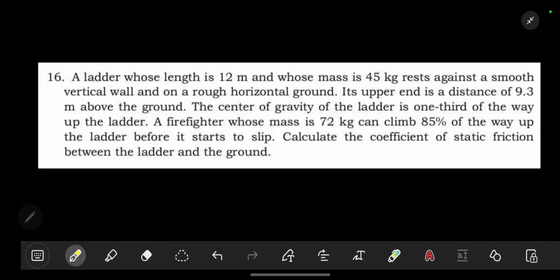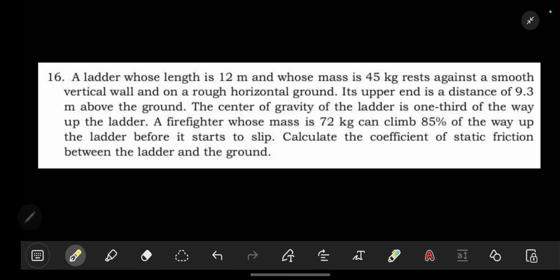So we have a ladder whose length is 12 meters, whose mass is 45 kg, rests against a smooth vertical wall on a rough horizontal ground. Its upper end is a distance of 9.3 above the ground.